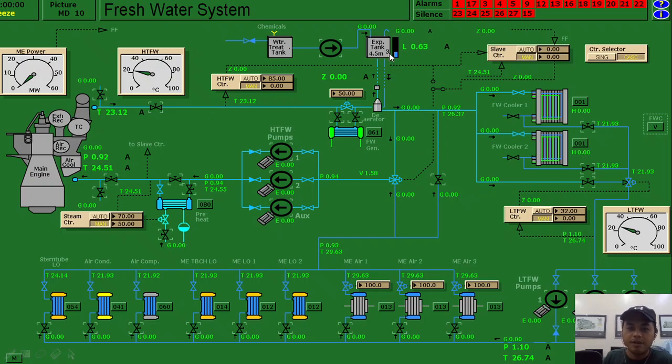And then, pangalawa, the expansion tank is located above the main engine to create pressure in the system. So, pag nilagay mo siya 10 meters above the main engine, nagkakaroon siya ng approximately 1 bar na pressure or gravitation. Dahil sa gravity, nilagay mo siya sa taas. And the density of water is 1,000.